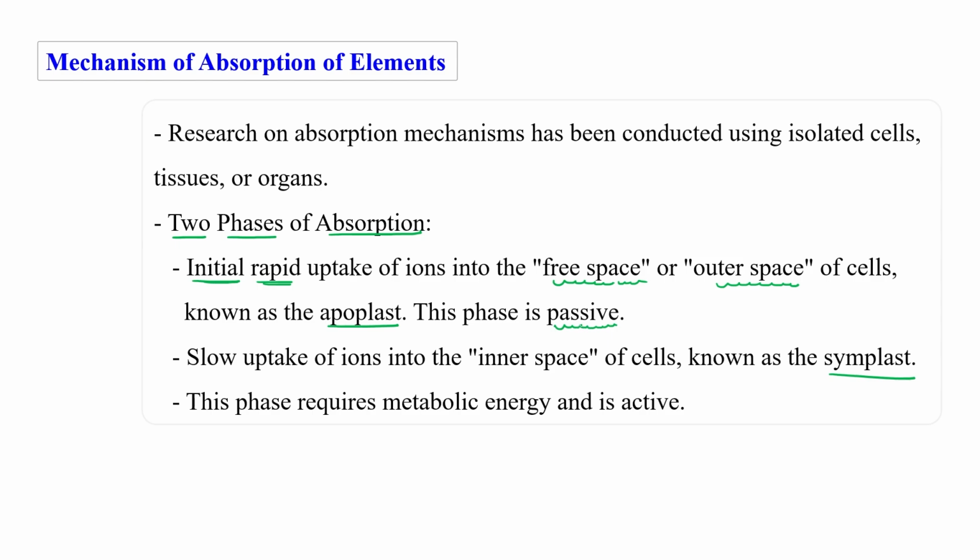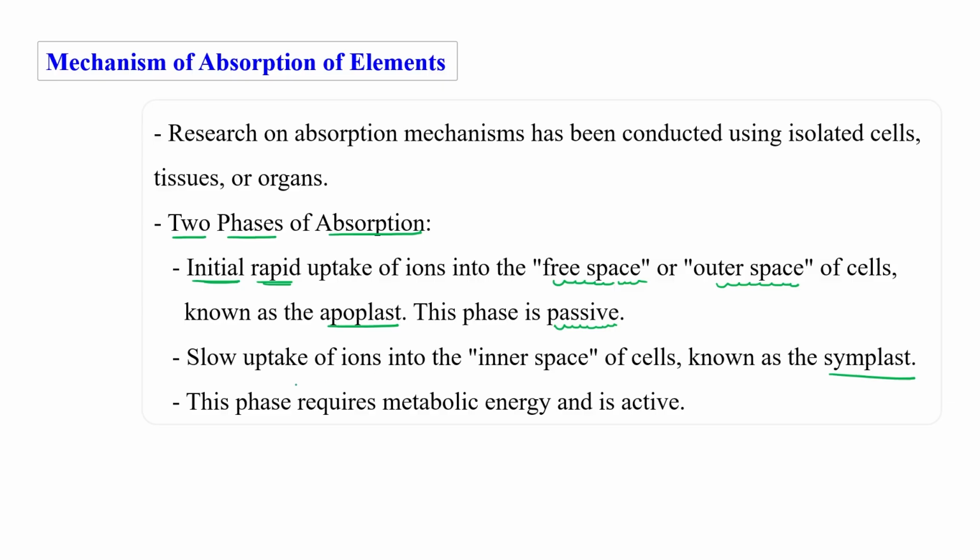The cell doesn't need to spend any energy for this, as the concentration of water is high in the outside environment, and so very rapidly the cell shows a rapid uptake of the ions in the free space.